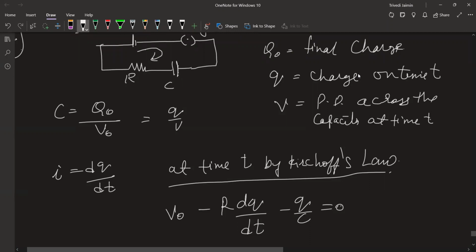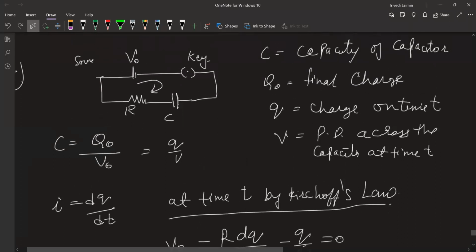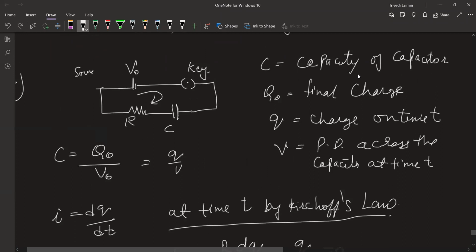We apply Kirchhoff's law. But those who haven't studied current electricity might not know what Kirchhoff's law is. Let me tell you simply, because we will study this again next chapter.